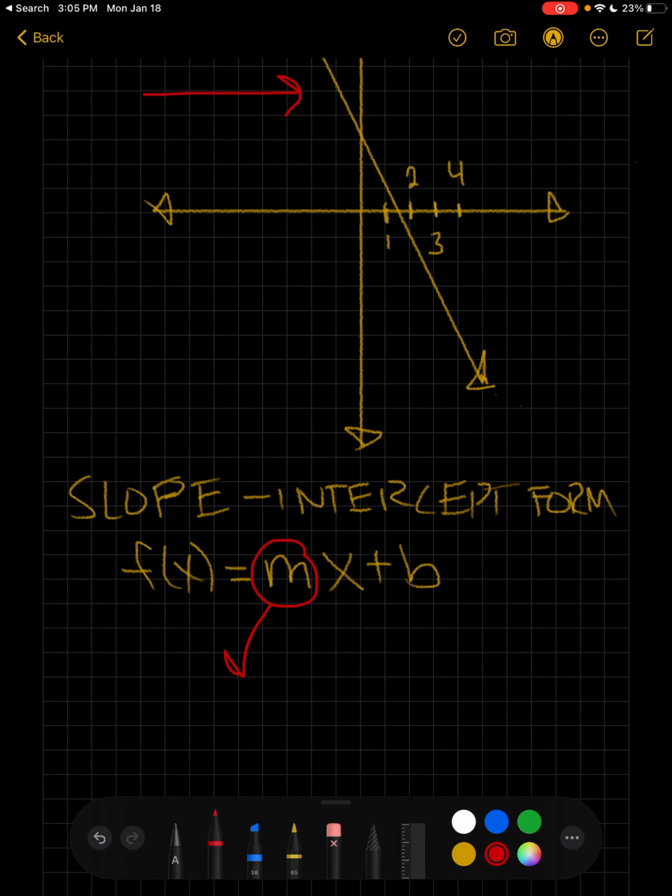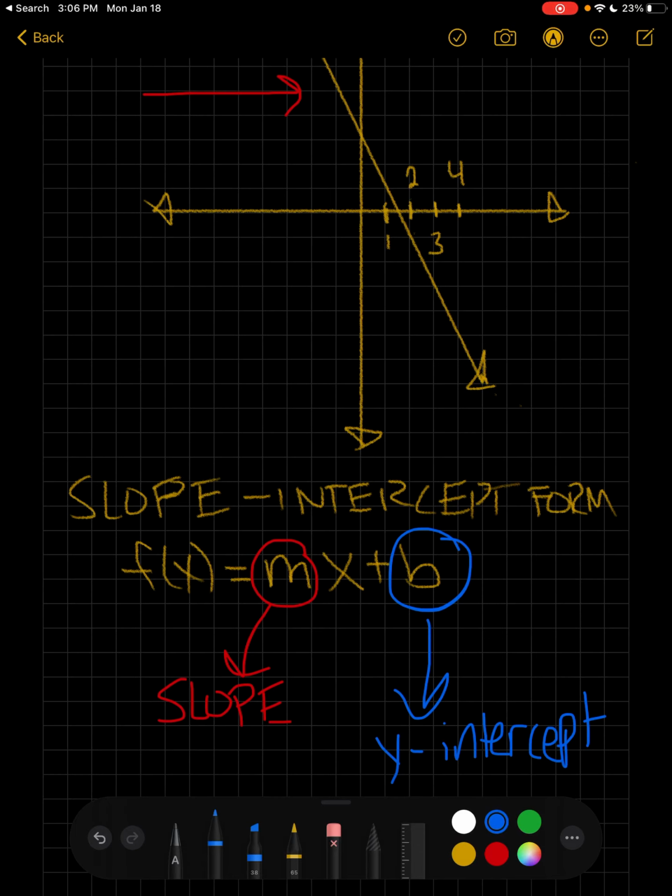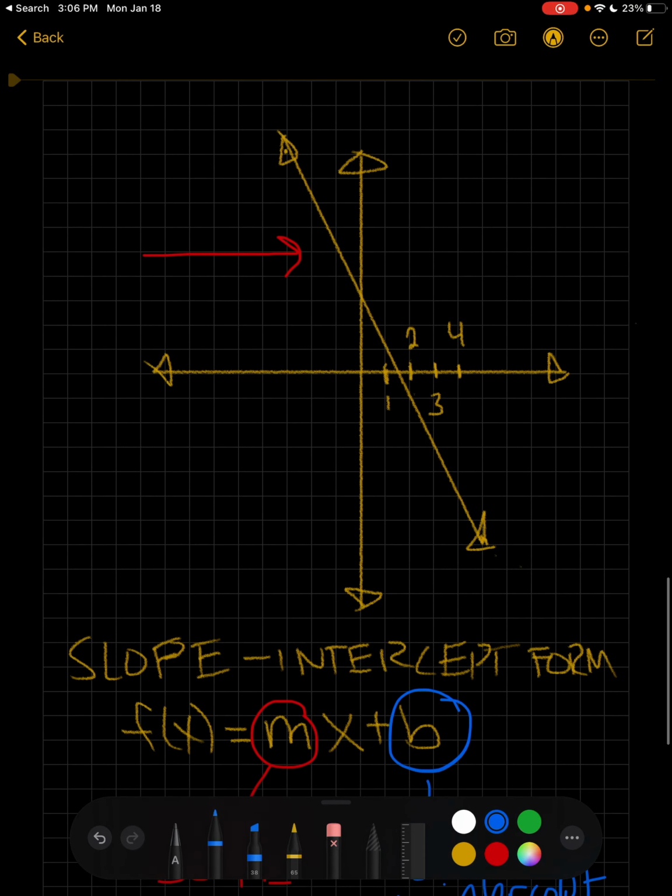And m is our slope, and b is our y-intercept. So if we can find the slope and the y-intercept from this graph, we will be able to plug those values in for m and b, and we'll have the equation ready to go.